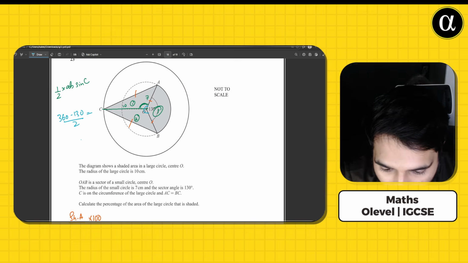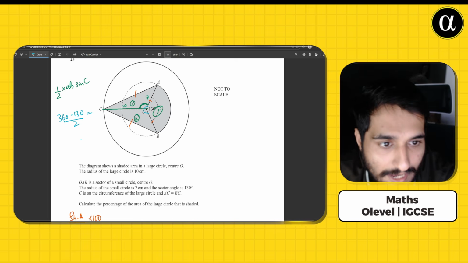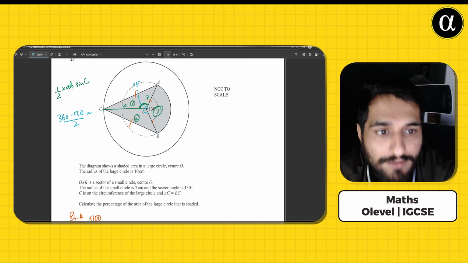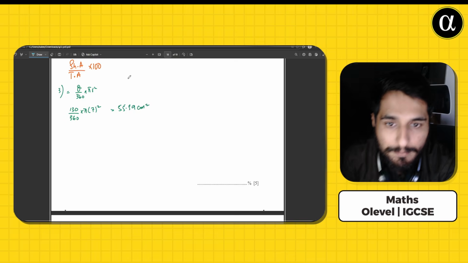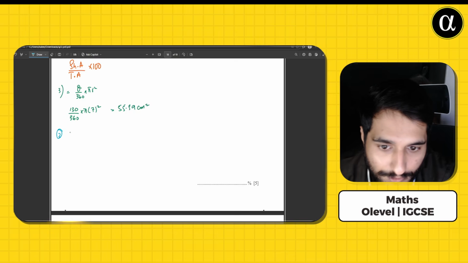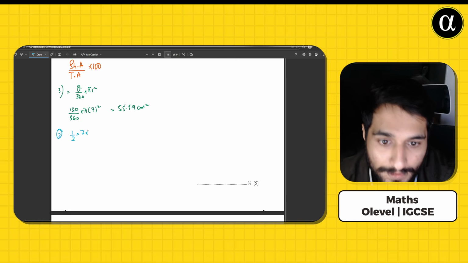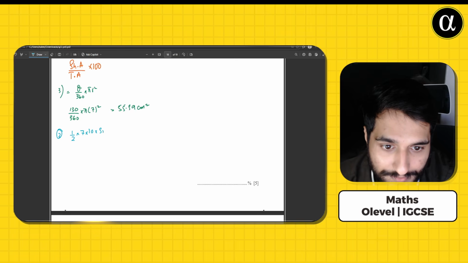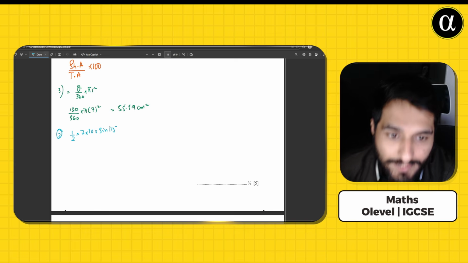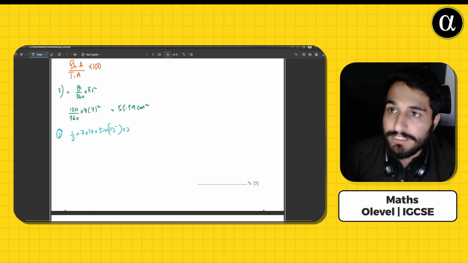So this would be 360 minus 130 divided by 2, and this is 115. So this angle is supposed to be 115. What that means is I can apply the formula for the triangle, which will be half times A and B, which is 7 into 10, times sine of 115, and we will multiply it by 2 at the end, because there were two such equal triangles.